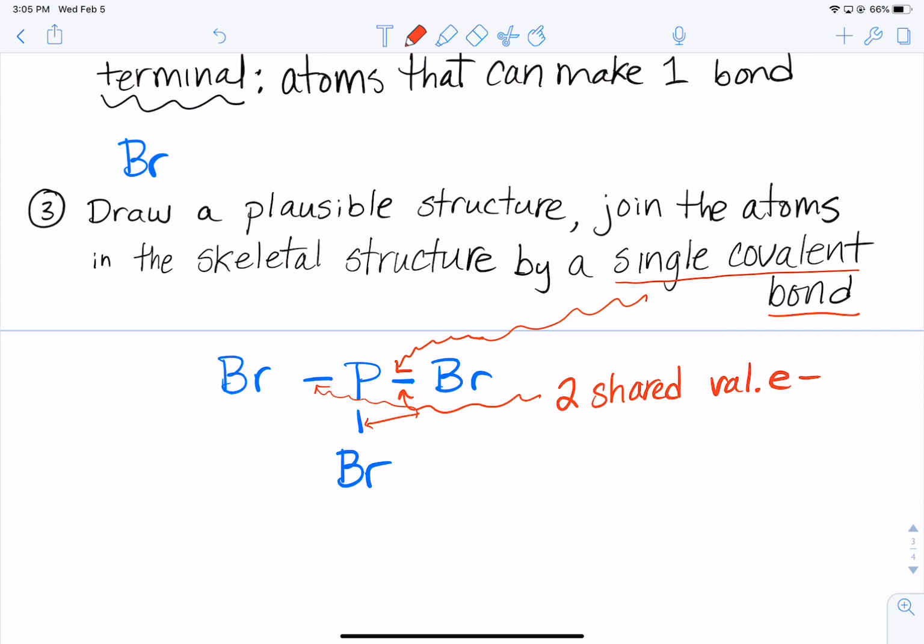Which leads us to our next step, step 4.